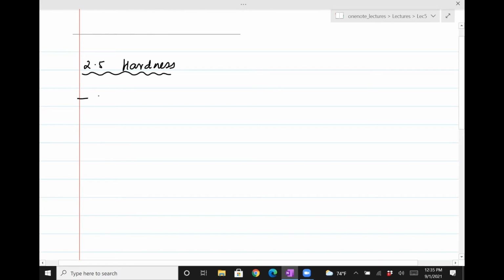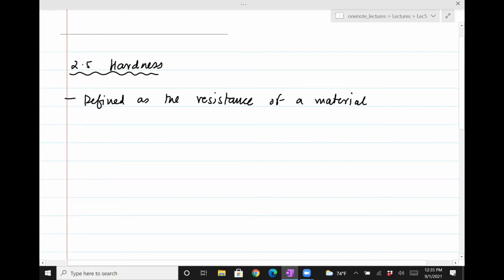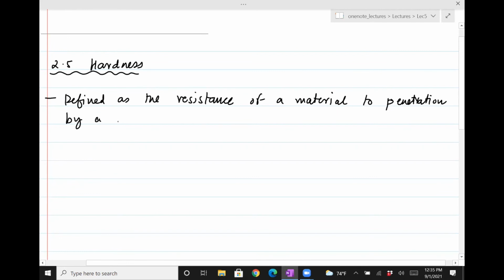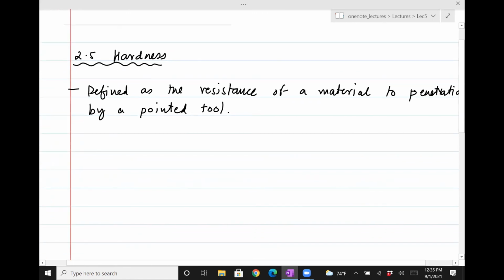It's defined as the resistance of a material to penetration by a pointed tool. Now the measures for this are pretty much empirical tests.